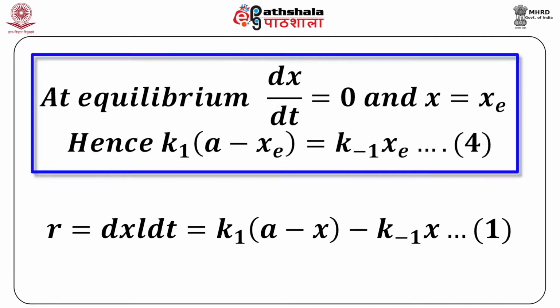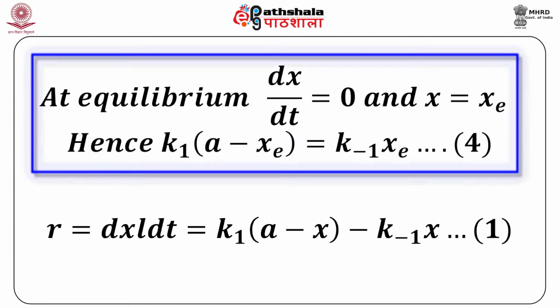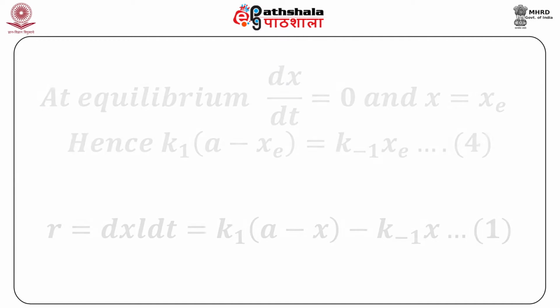At equilibrium, dx by dt equals 0 and x equals xe. Hence, from equation 1, we have K1 into (A minus xe) equals K minus 1 into xe.